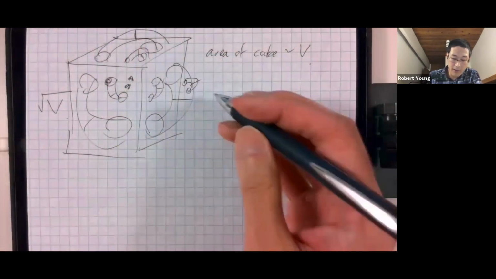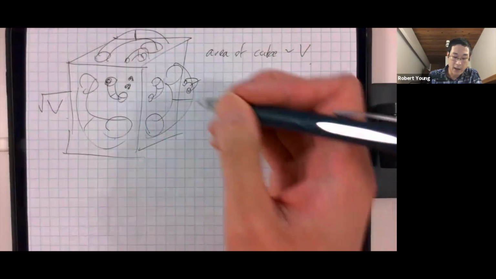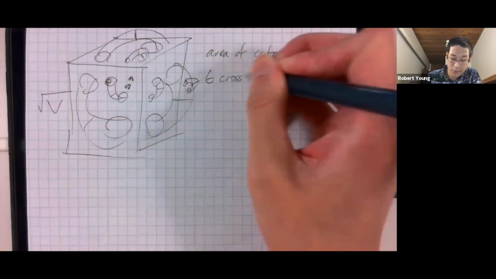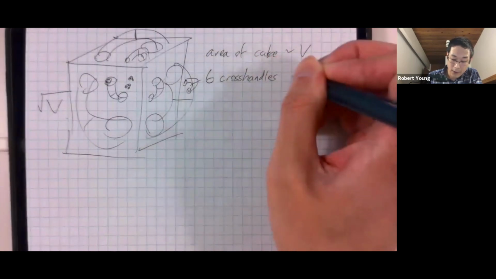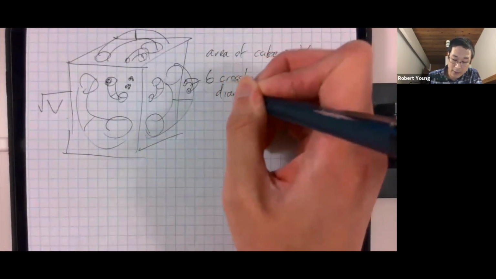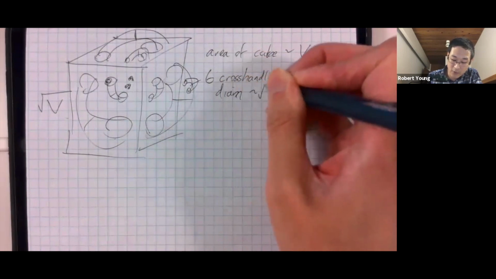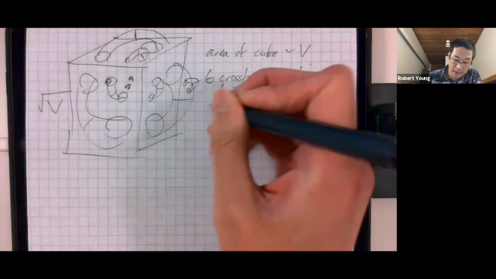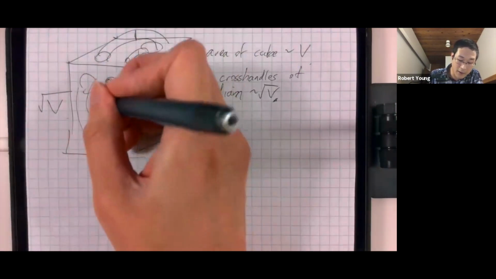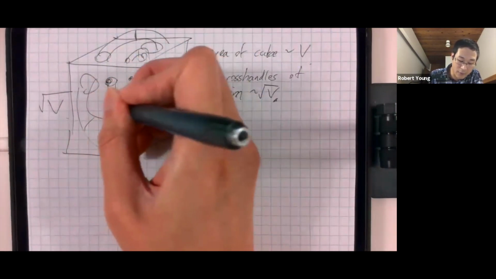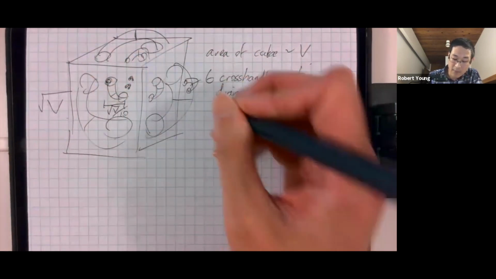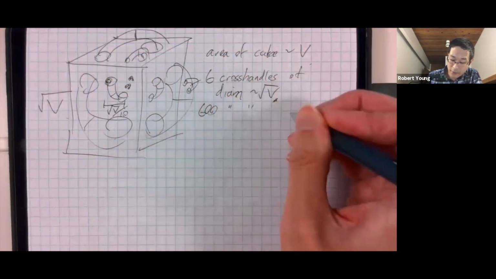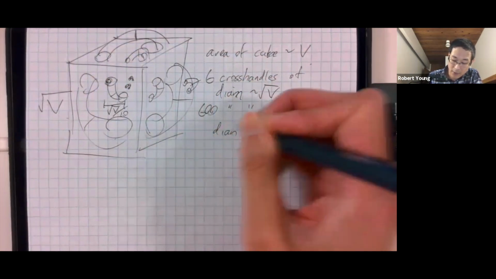This produces a cube plus a bunch of cross handles. And we have roughly, say, 6 cross handles of diameter, say, about root v. And say our next scale is 1/10 of that, root v over 10. That means that we have enough room to add 600 cross handles of diameter root v over 10.